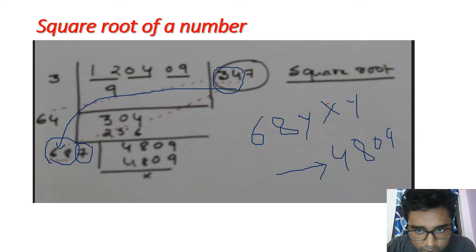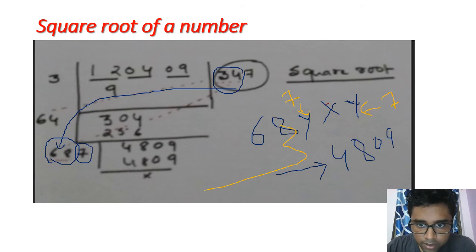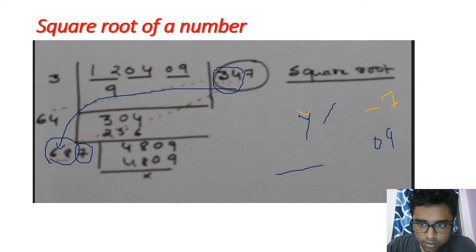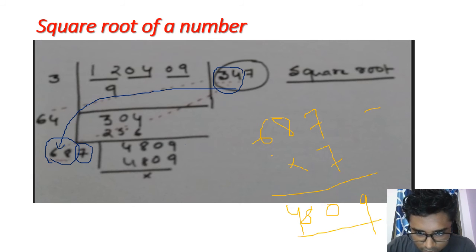Here the number is 7. So if we multiply 687 with 7, we get 4809.